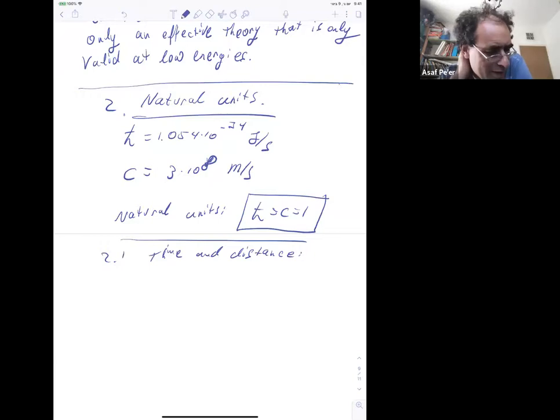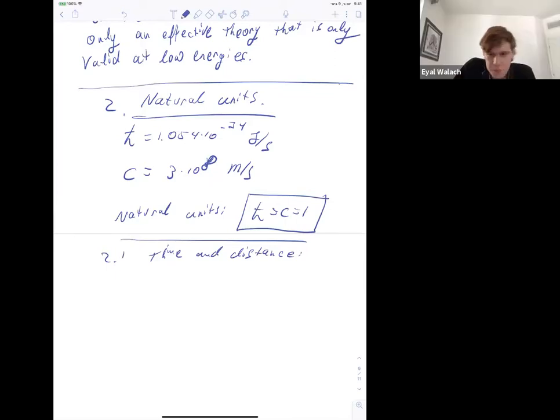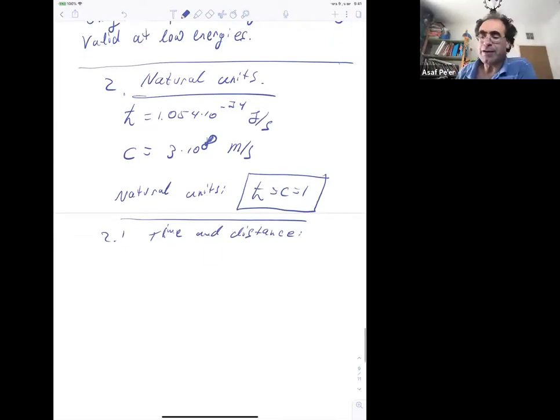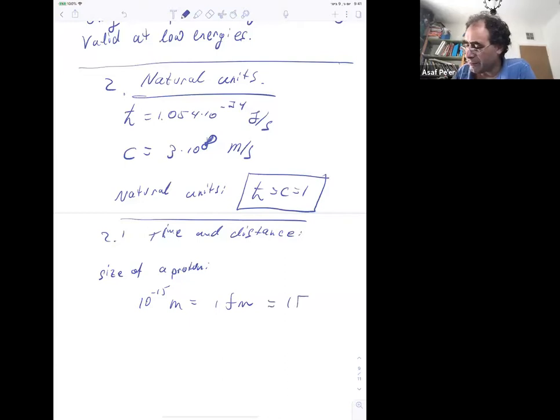Very good, that's right. That's still too big for us. What's the size of a proton? Femtometer, 10 to the minus 15. Yeah, very good, that's correct. So this is the typical length scale of interest, the size of a proton. It's 10 to the minus 15 meters, which is 1 femtometer, also known as 1 Fermi.